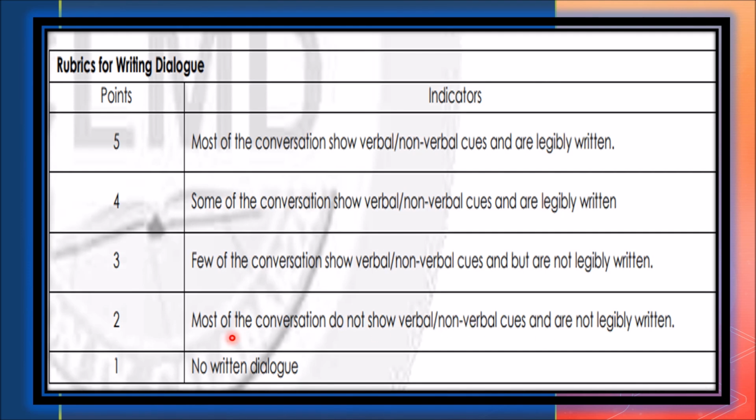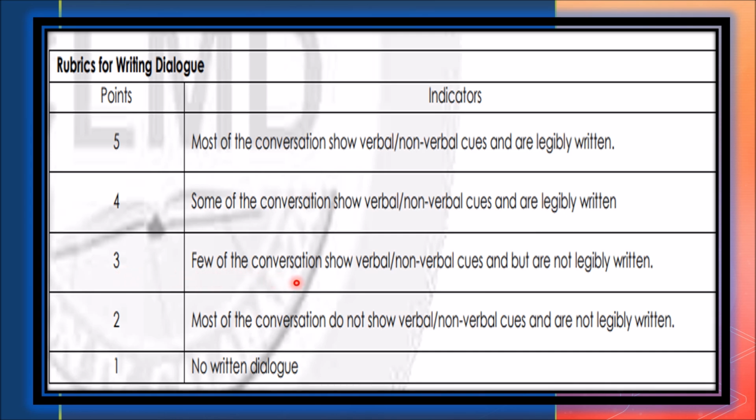So, we have also the rubrics for writing dialogue. The indicators here, points and indicators, 5 points. Most of the conversation show verbal, non-verbal cues, and are legibly written. 4 points. Some of the conversation show verbal, non-verbal cues, and are legibly written. 3 points.